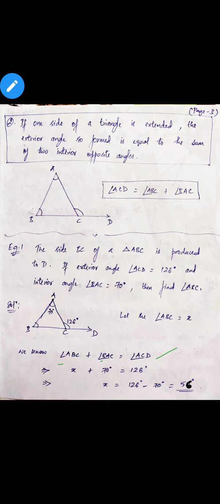So we will write here x, and the value of angle BAC is given 70 degree, and value of angle ACD is given 126 degree. So now this plus 70, if we take it to the right hand side, this will become minus 70. Okay, so x equal to 126 degree minus 70 degree, that is, we are getting 56 degree. All right, so this was the second property.